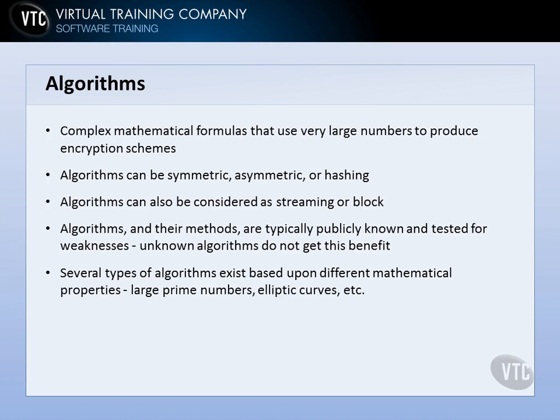Typically, we may see those in encryption in terms of large prime numbers, for example, and the difficulty in factoring them. Also, elliptic curves is one method that may be used in an algorithm to produce encryption. So there are different methods that are out there, and you're not expected to know all of these for the exam. What you're expected to know are more the practical how to use these algorithms in terms of encryption.